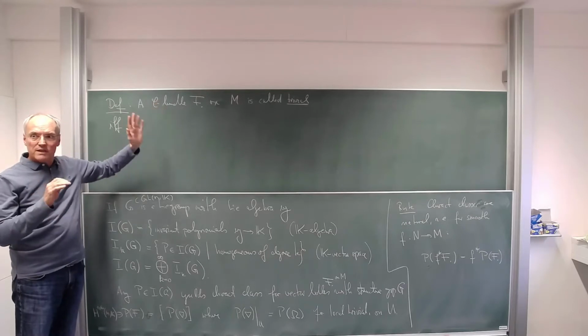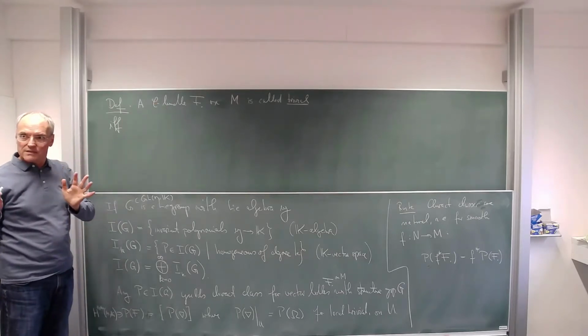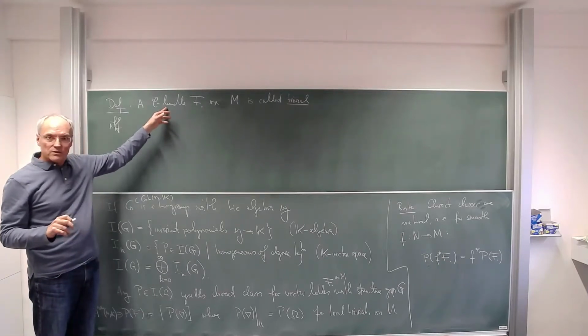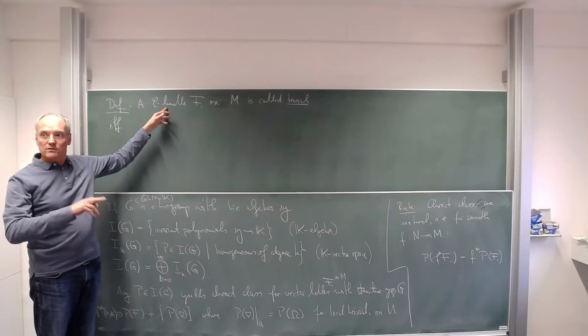Remember, a bundle is a pre-bundle together with such a maximal atlas of local trivializations. And it's trivial if this maximal atlas contains a trivialization which is defined on all of N.